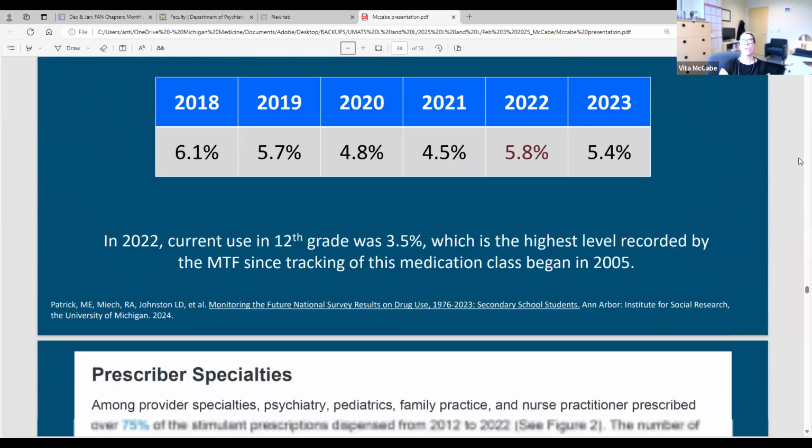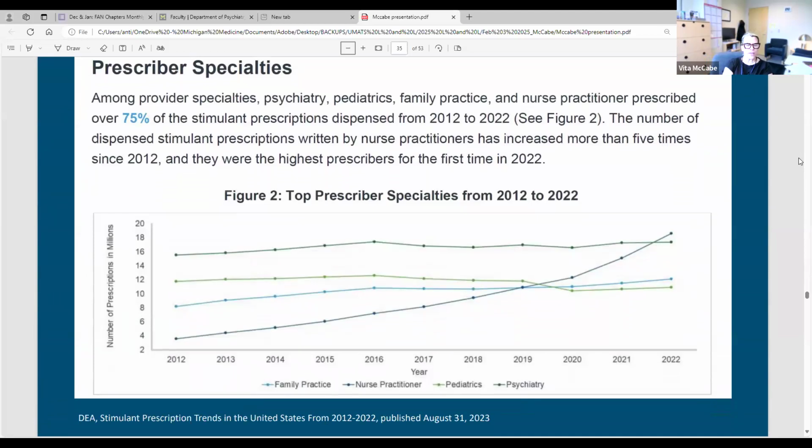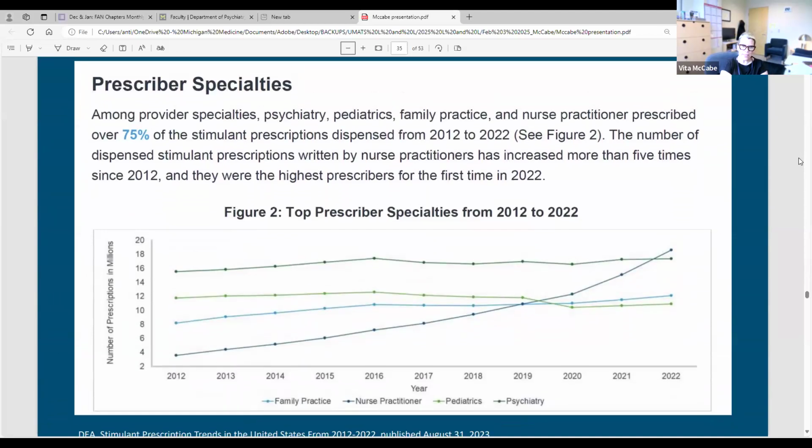Next slide. So IQVIA data was published by the DEA, and the DEA is very interested in who's prescribing what. I think this is data we need to be aware of to help support our nurse practitioners and APPs.